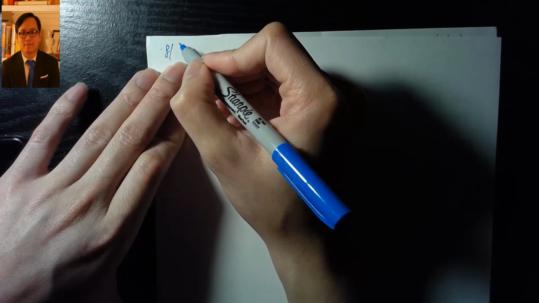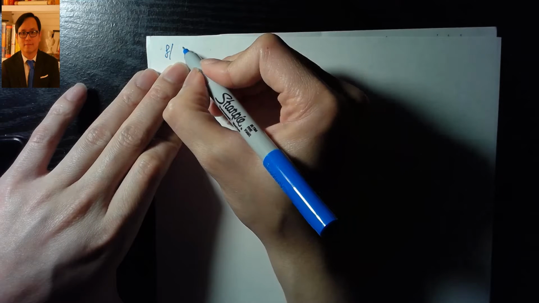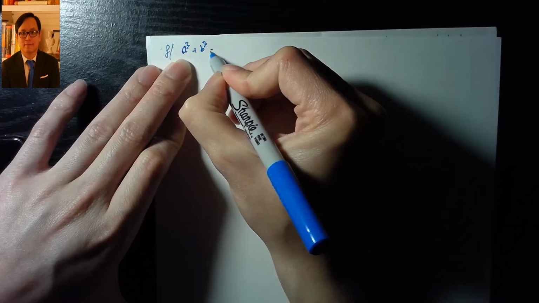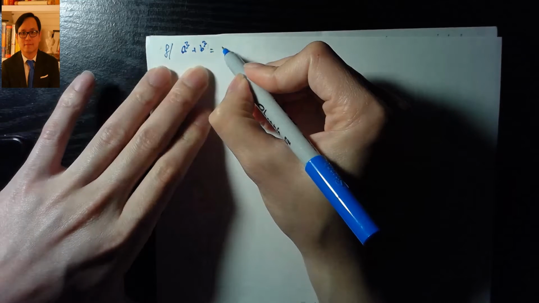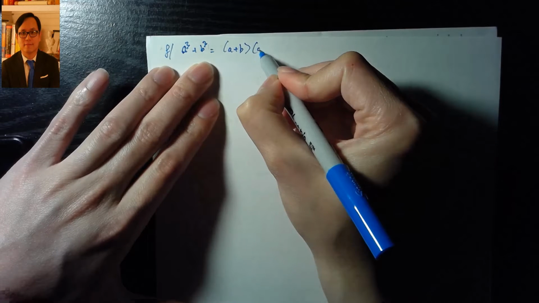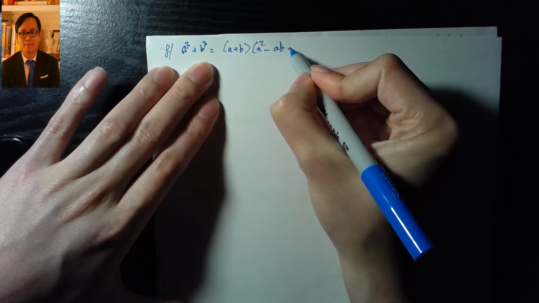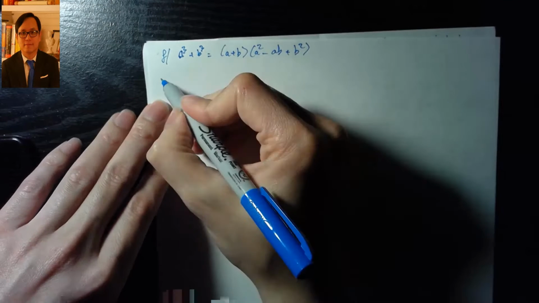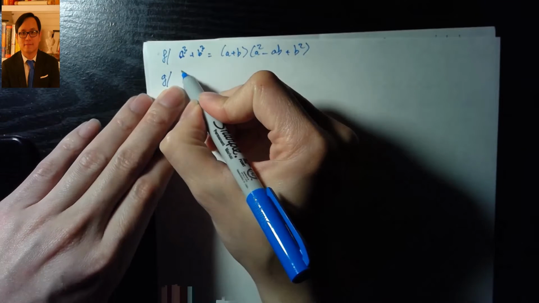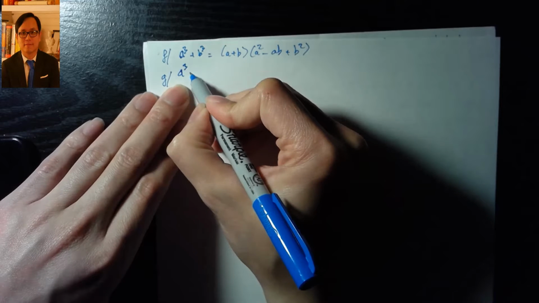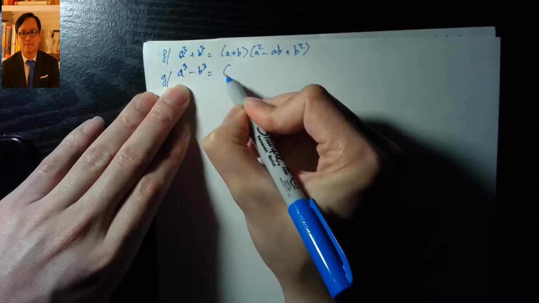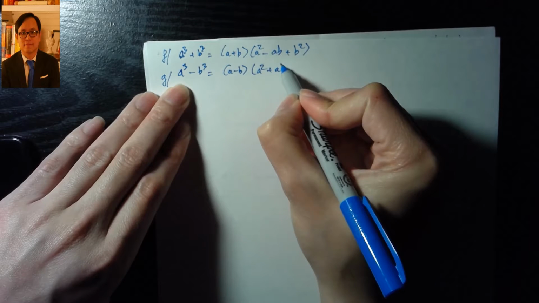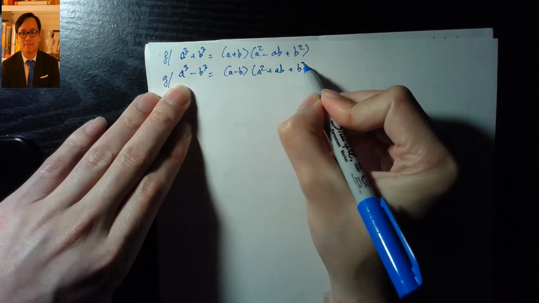No, we call it sum of the cube. Sum of the cube. So a cubed plus b cubed equals a plus b times a squared minus ab plus b squared. G. A cubed minus b cubed is a minus b times a squared plus ab plus b squared.